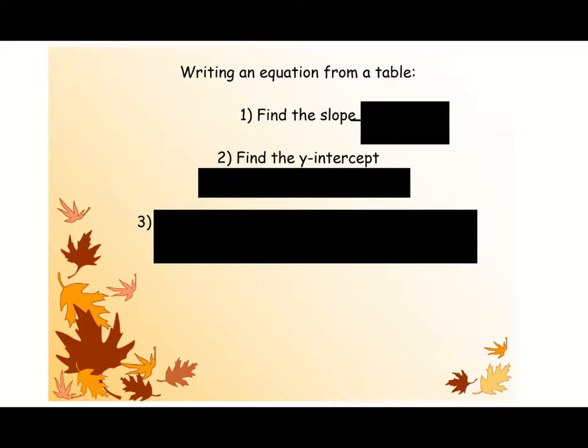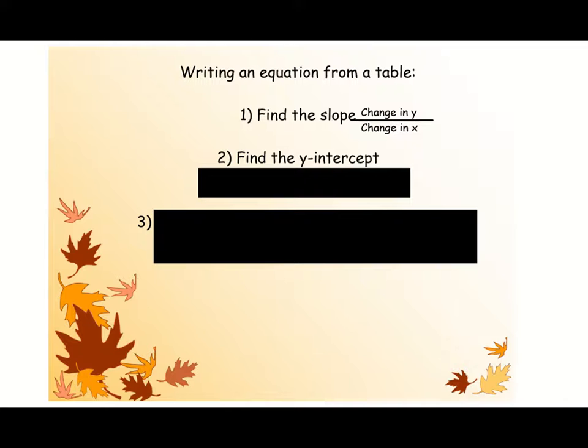So when you're trying to write an equation from a table, you really go through three main steps. Make sure that you are writing down these three steps, either in a math notebook or on the note-taking document that you have. The first step is to find the slope. In order to find the slope, you are going to find the change in y and put it over the change of x.